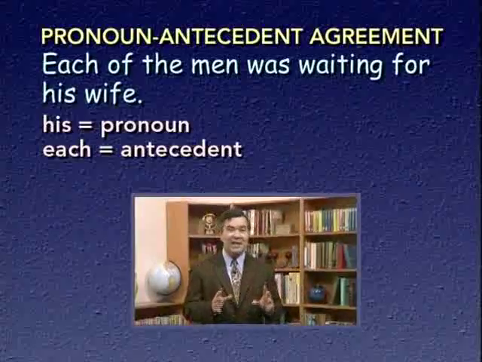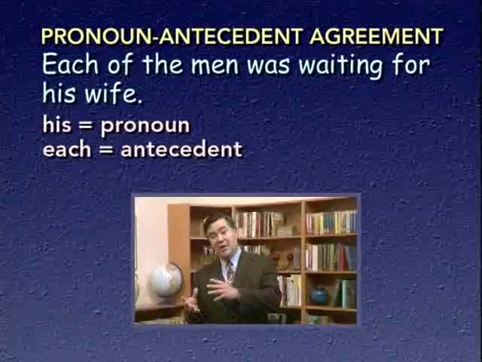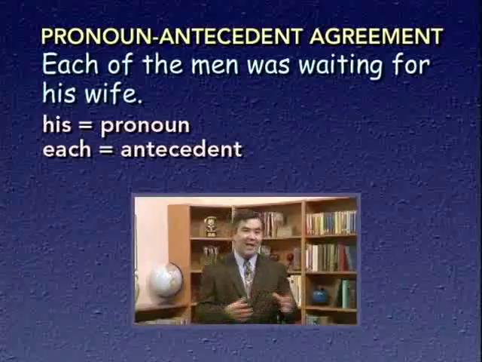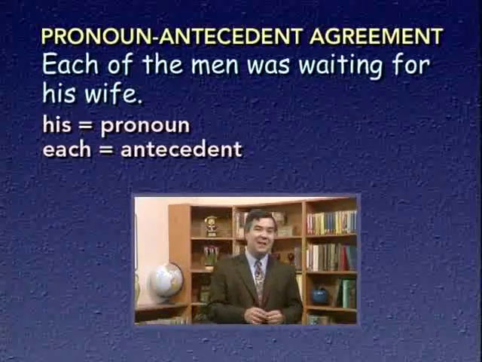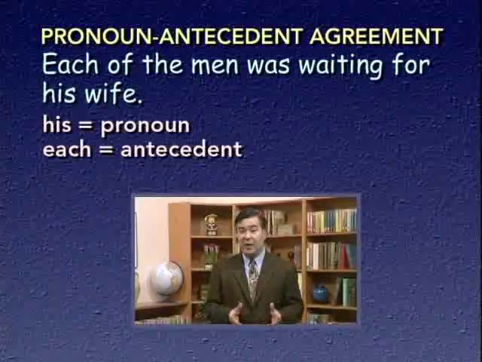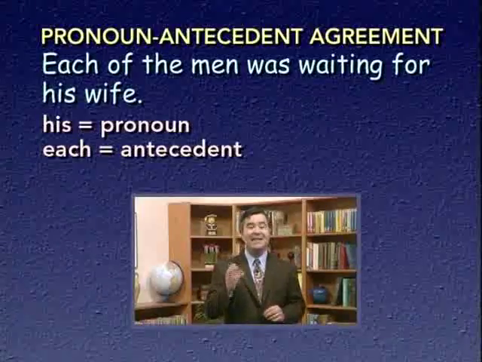Now remember, the antecedent and the pronoun must match in number. So in order to determine whether the pronoun his is correct, we need to look back at that antecedent and decide whether it's singular or plural. Is the antecedent each singular or plural? Well, remember that the indefinite pronoun each is one of the ones on the list that are always singular.